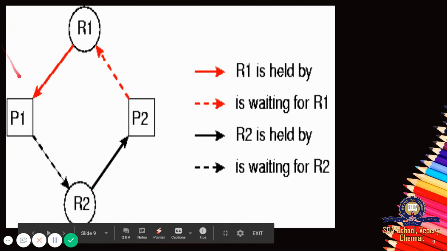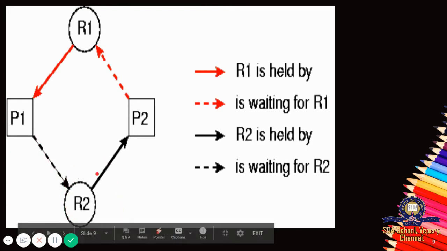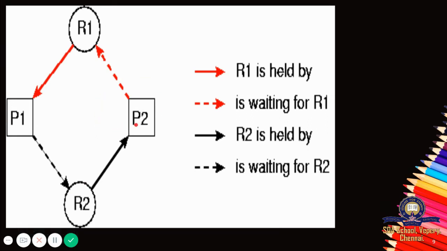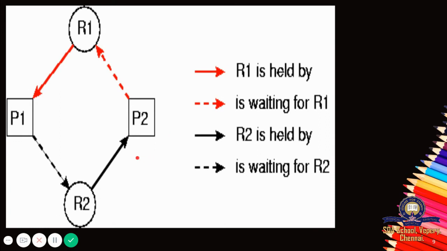For example, P1 is holding the input device and it is waiting for the output device. And now process 2, where resource 2 is held by process 2, is waiting for resource 1.